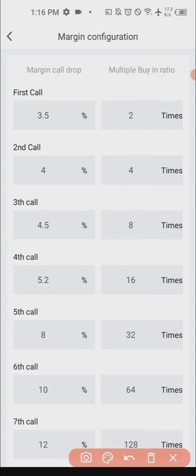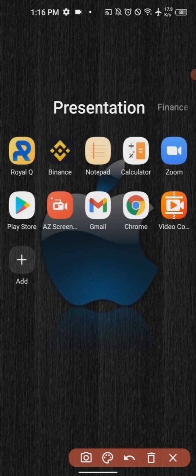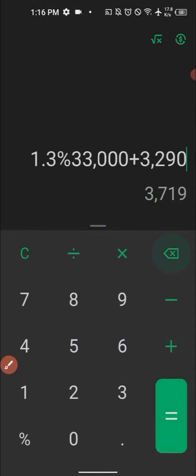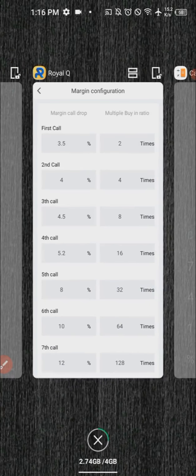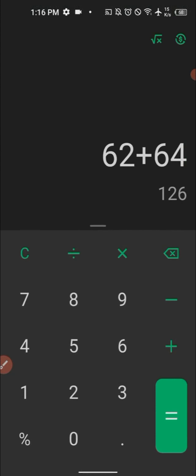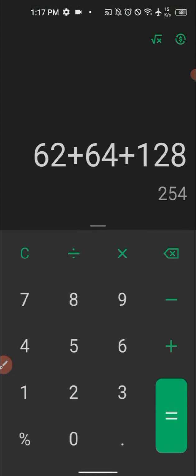But the problem with using this strategy in real life, it requires a whole lot of money. So meaning if you want to use the martingale strategy, this is 2 plus 4, that will be 6. 6 plus 8 will be 14. 14 plus 16 will be 30. 30 plus 32 will be 62. 62 plus 64, that'll be 126. 126 plus 128, that will be 254.